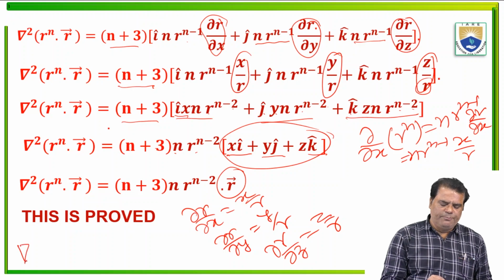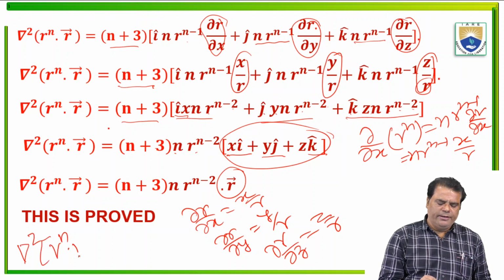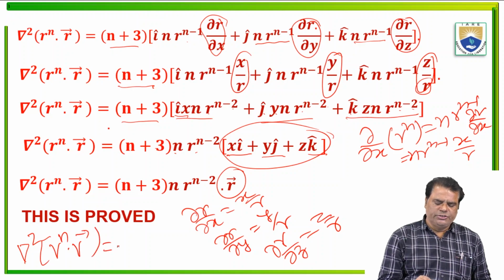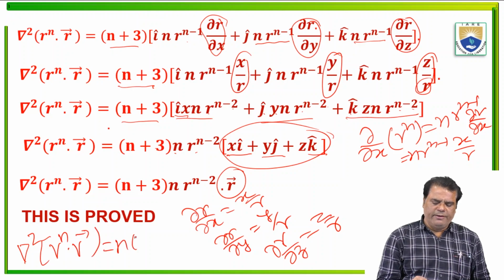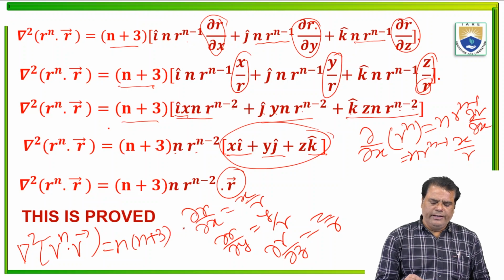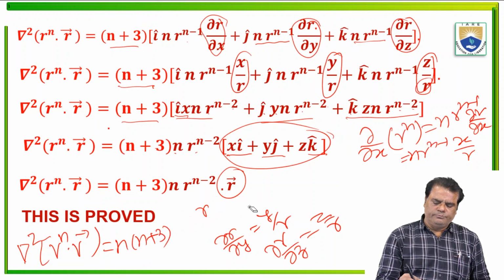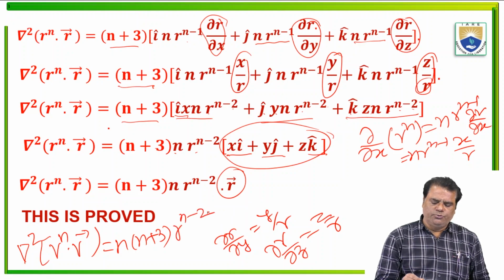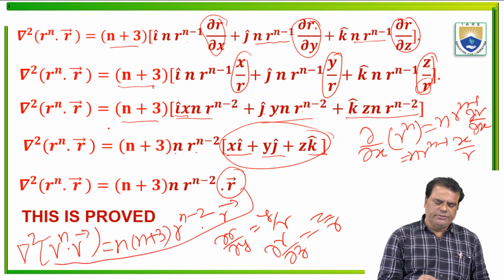So finally we have proved that del square r to the power n into vector r is equal to n into (n plus 3) r to the power n minus 2 into vector r. So this result is proved here.